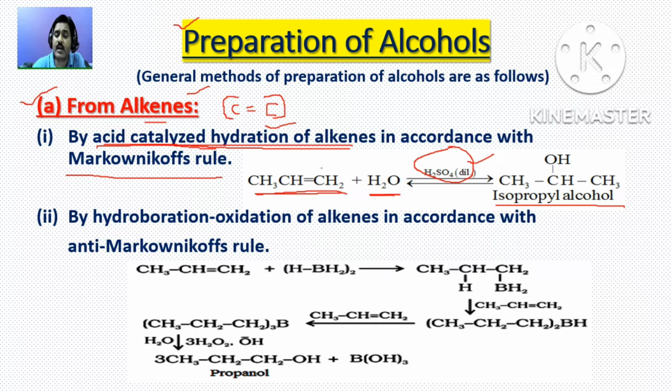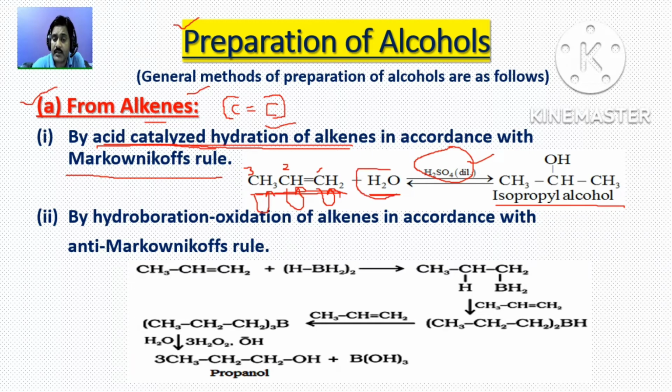Here carbon number 1, carbon number 2, carbon number 3, three carbons are there. In these three carbon atoms, carbon number 1 has two hydrogen atoms attached with it, but carbon number 2 has only one hydrogen atom attached with it, but carbon number 3 has three hydrogen atoms.